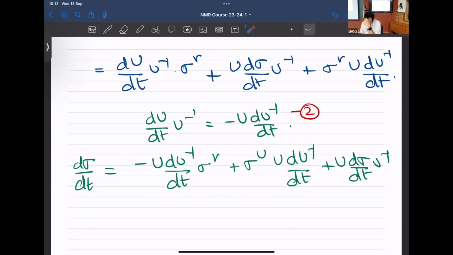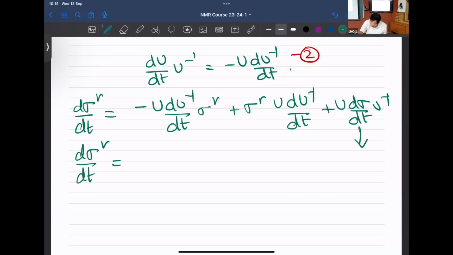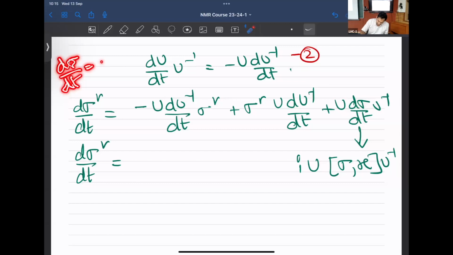d sigma by dt is that commutator. Hamiltonian comma sigma. So what this will end up becoming is nothing but d of Hamiltonian comma sigma. Yeah, there is an I out there. Sigma comma Hamiltonian. The minus sign goes away just because generally you have d sigma over dt as minus I by h cross Hamiltonian comma sigma.